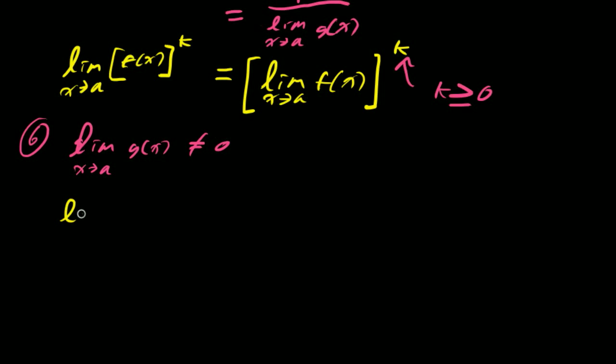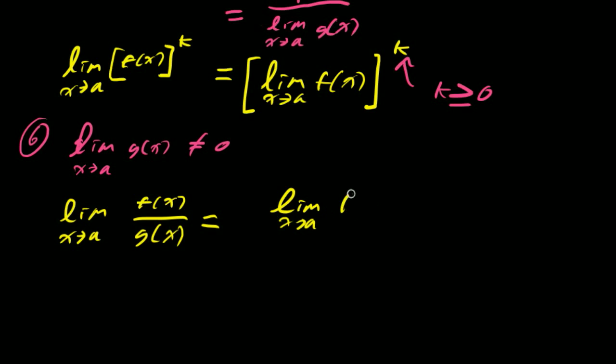We're going to say that if we took the limit as x approaches a of f of x divided by g of x, this is just going to be equal to the limit as x approaches a of f of x divided by the limit as x approaches a of g of x.